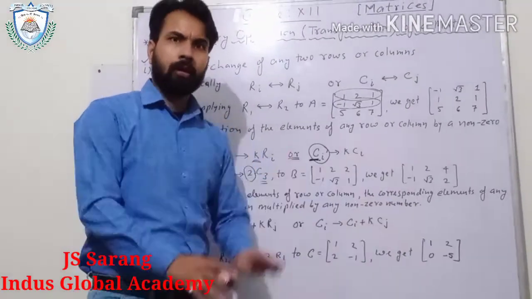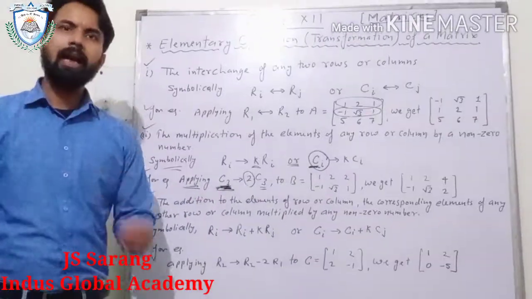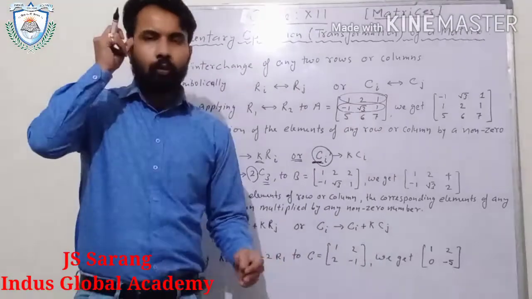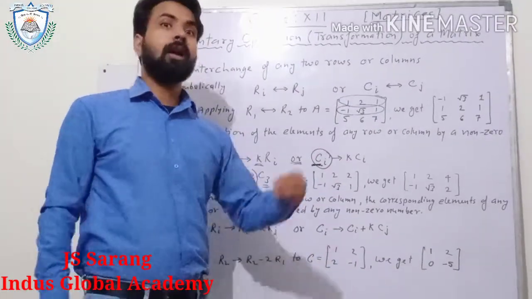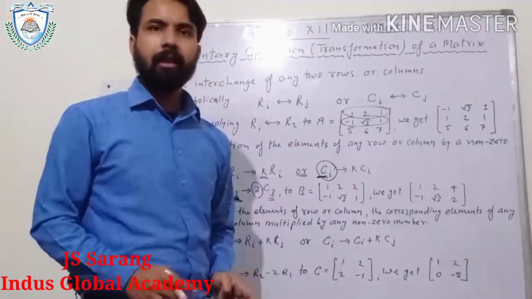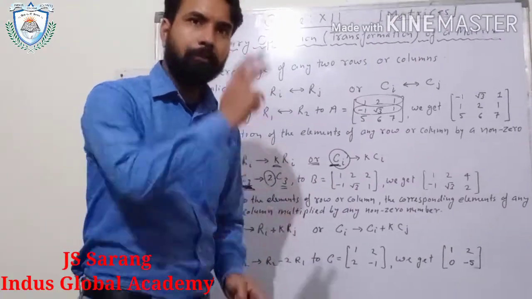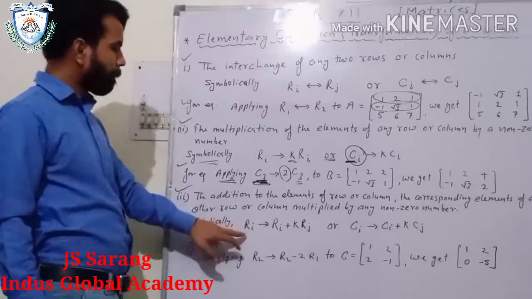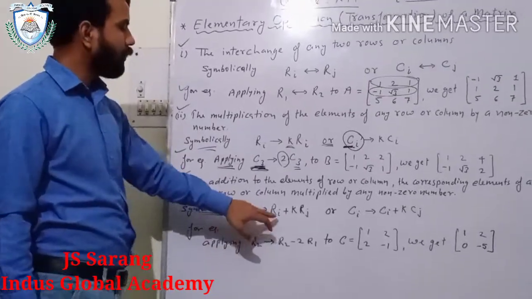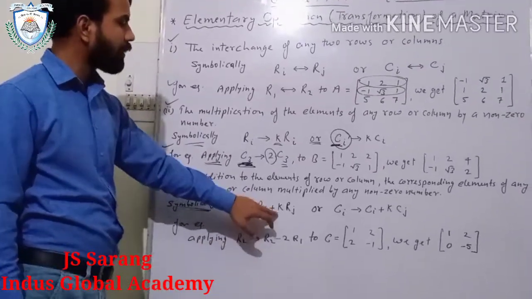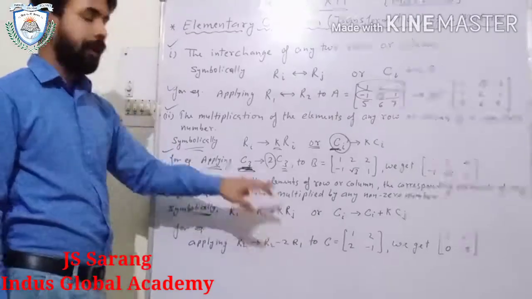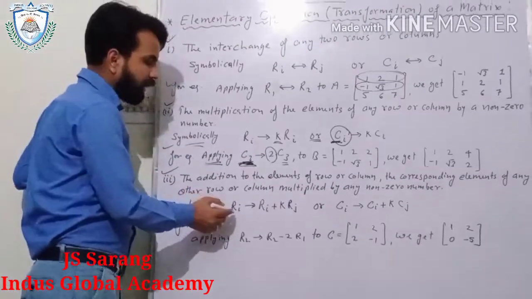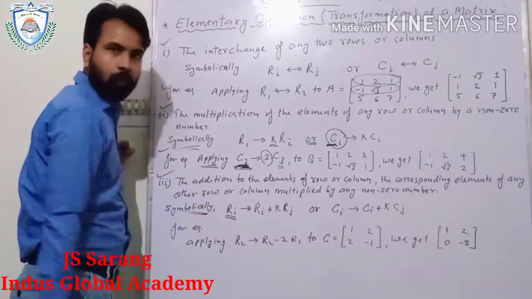Clear? Or we can add all the elements of any column to the corresponding elements of another column multiplied by a non-zero number. Mathematically or symbolically, we can represent like this: Ri tends to Ri plus kRj. It means we are applying the operation in ith row.